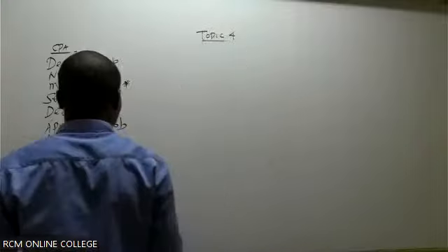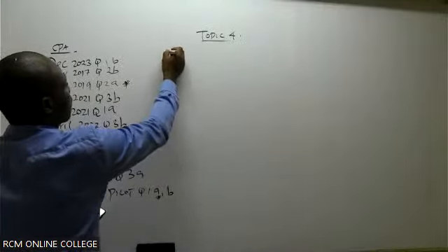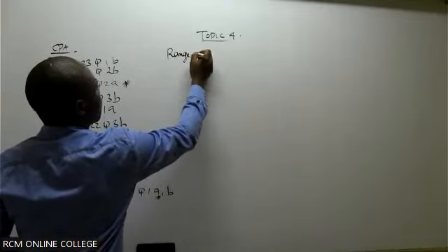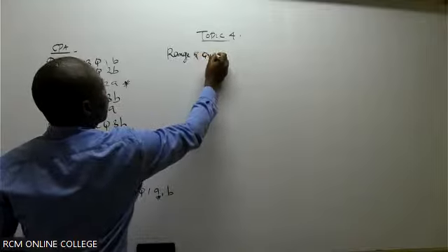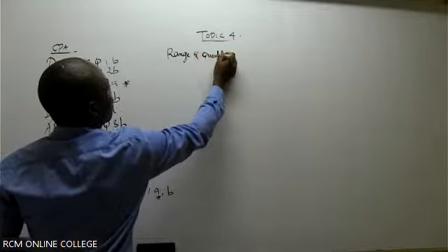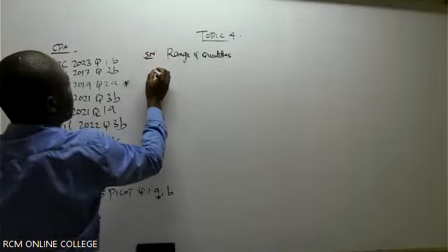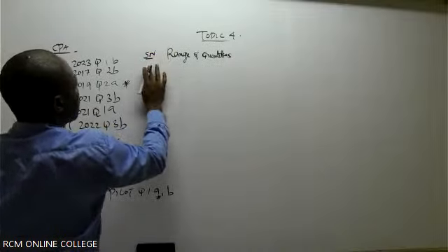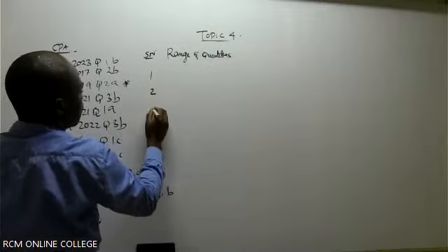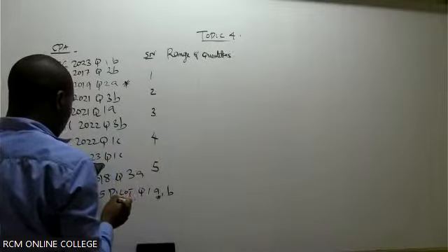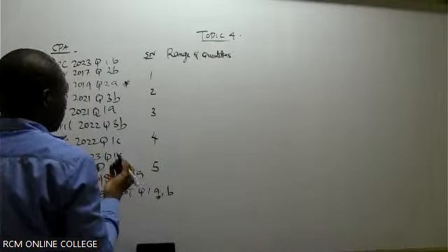So we have a range of quantities. Maybe here you can just have 1, 2, 4, 5.